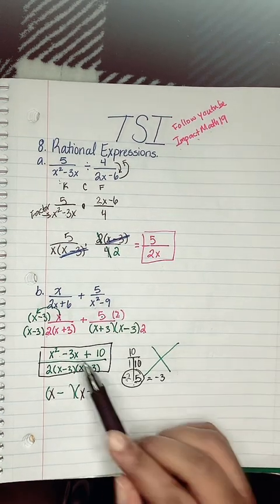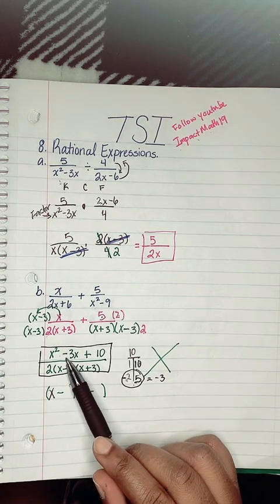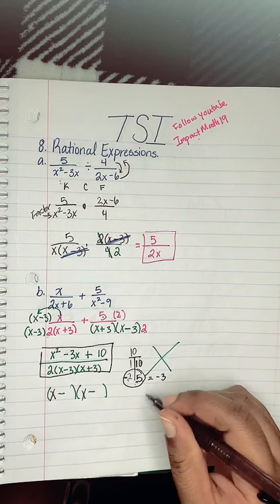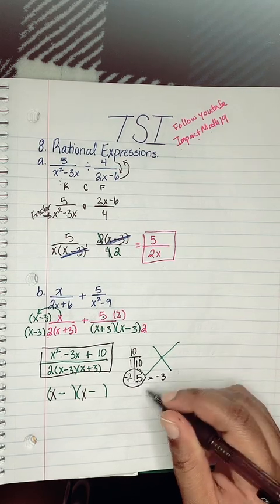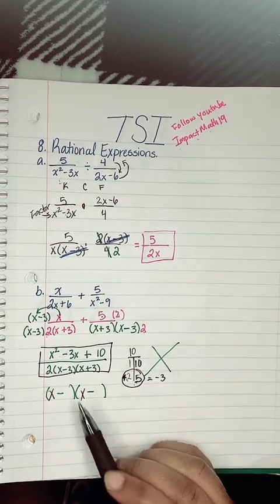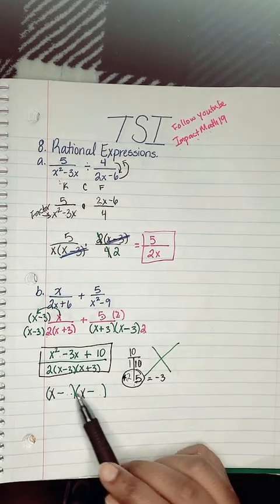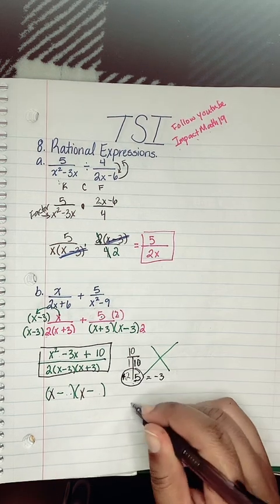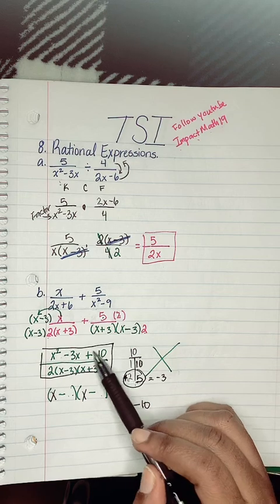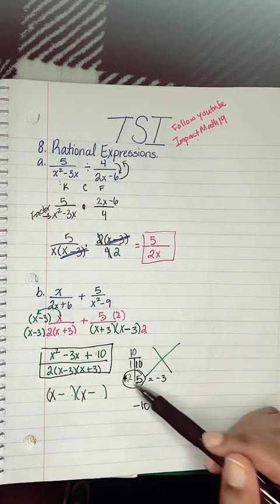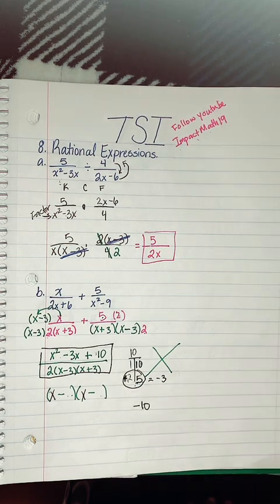So let me explain why they both have to be negative, okay? Let's just say that this was -5 and this had to be positive. When we do a -5 times a +2, it would get us a -10. And this had to be a positive 10. That's why we cannot have a -5 and a +2.